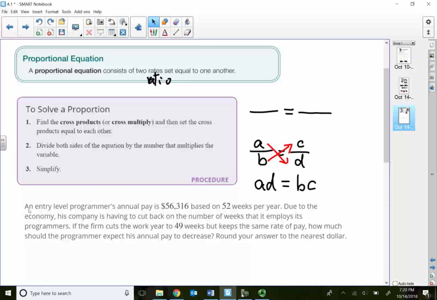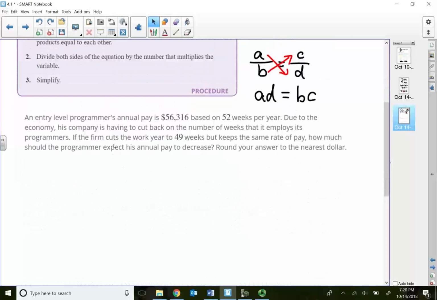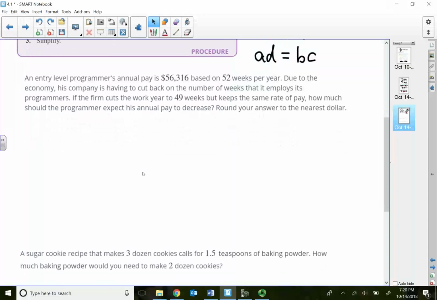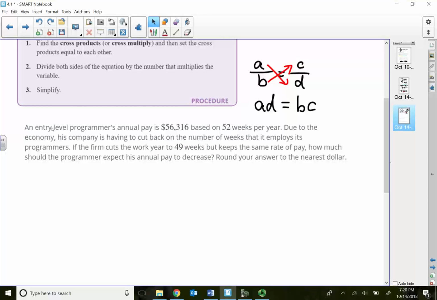That's the way we set them up, and then we can solve for our variable accordingly. Let's read these word problems and set them up as proportions. Say an entry-level programmer's annual pay is $56,316 based on 52 weeks per year. Due to the economy, his company is cutting back on the number of weeks it employs its programmers.